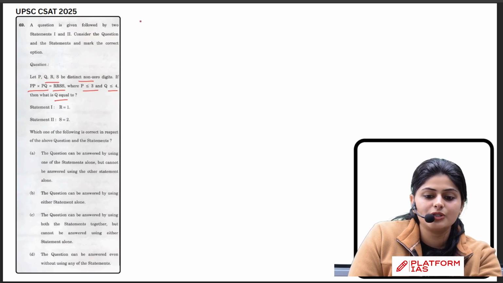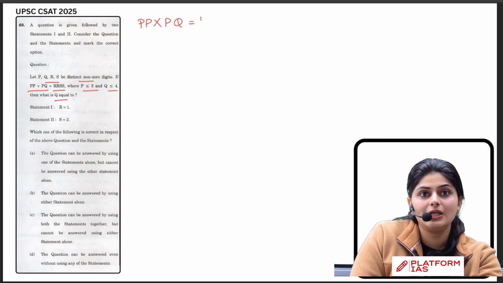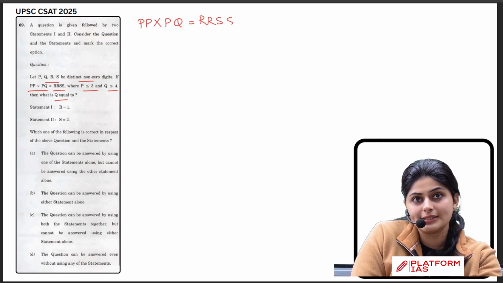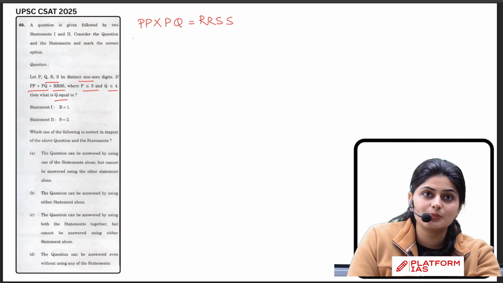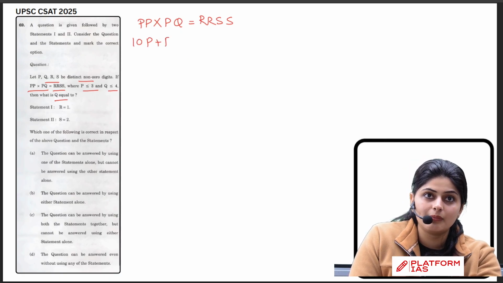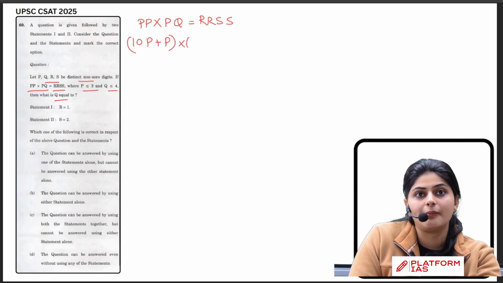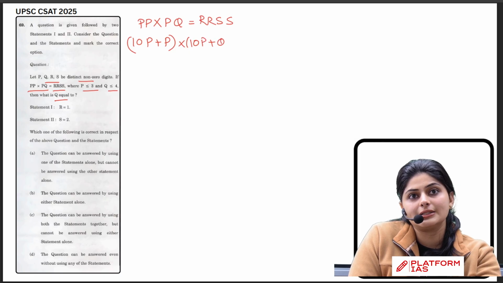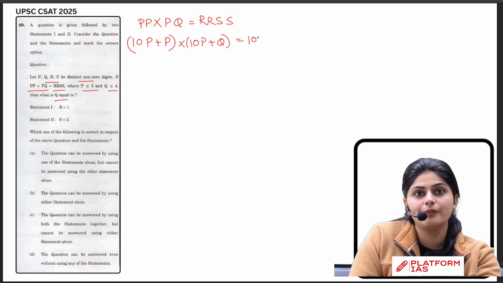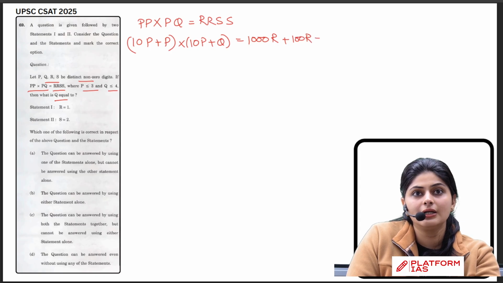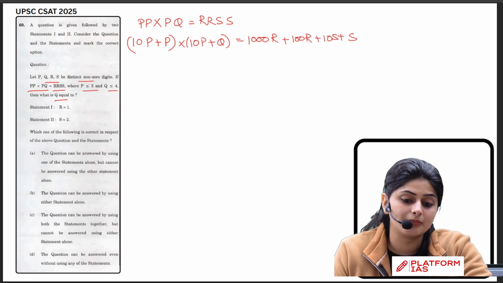So what is given to me? It is given PP multiplied by PQ is equal to RRSS. If we use the expanded form here, it will be (10P plus P) multiplied by (10P plus Q), which is equal to 1000R plus 100R plus 10S plus S. See, this expanded form of the numbers is very important.